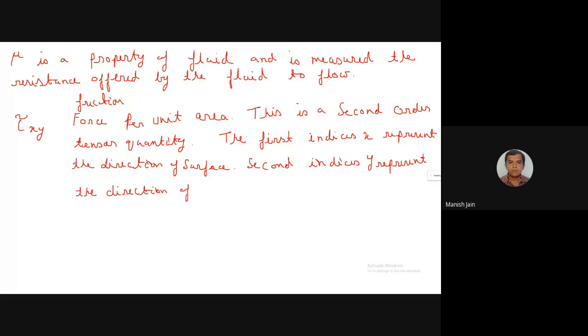So when you write tau xy, the x represents the direction of the surface and the y represents the direction of force.